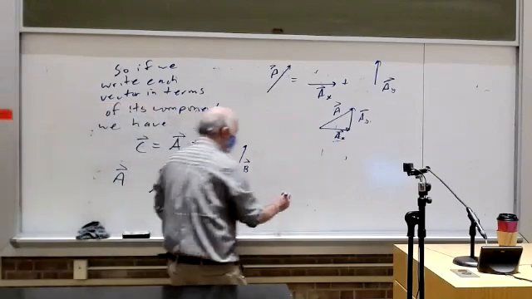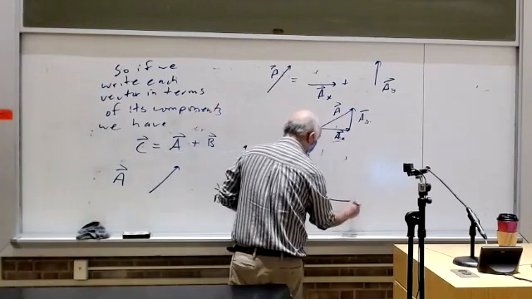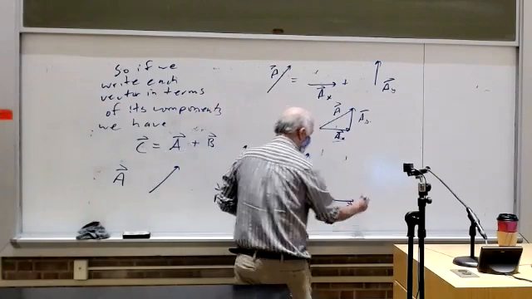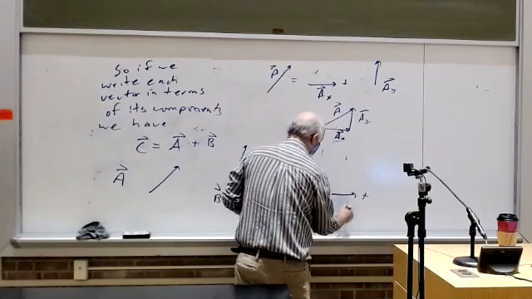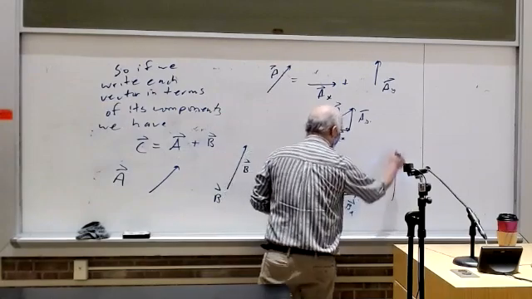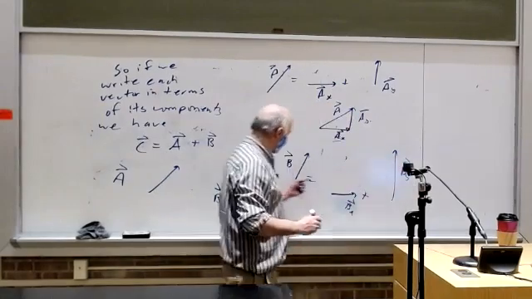B is really this Bx here, plus this By here. So this vector plus this vector makes this vector.